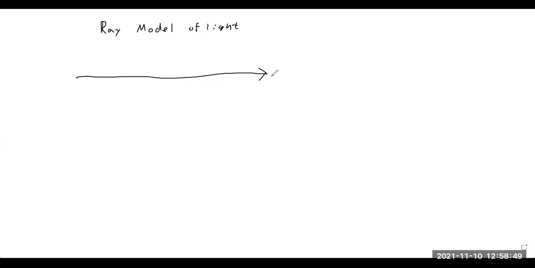So for our ray model, light travels at the speed of light, going straight until something interferes with it. So it could get absorbed or it could be reflected.